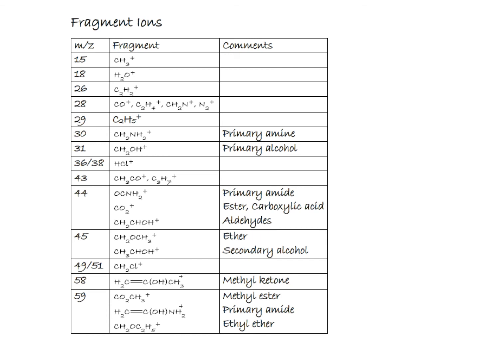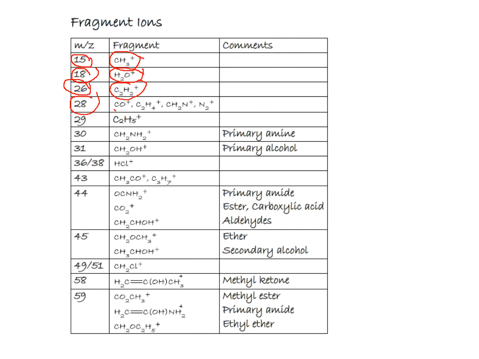To make a summary out of it, if we see a peak at 15, most likely the fragment is CH3+. M over E at 18 means H2O+. 26 means we have CH2CH+. 28 depends on the compounds.